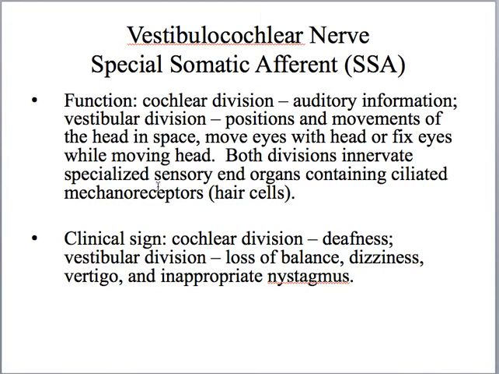It moves eyes with head or fixed eyes while moving the head. And then clinical signs. Impairment of the vestibular division, you're going to see loss of balance, dizziness, vertigo, and inappropriate nystagmus. That's the rapid eye movement.